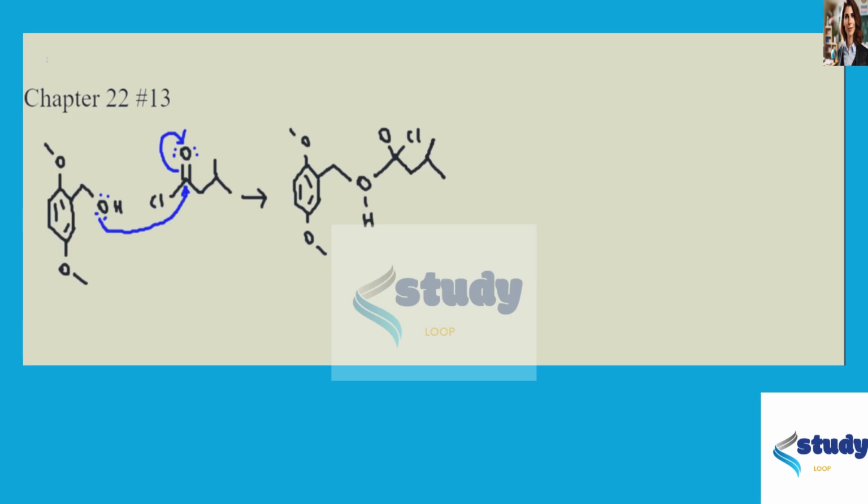Okay, so this oxygen is only going to have one lone pair now, and it'll have a positive charge. And this oxygen will have 3 lone pairs and will have a negative charge.